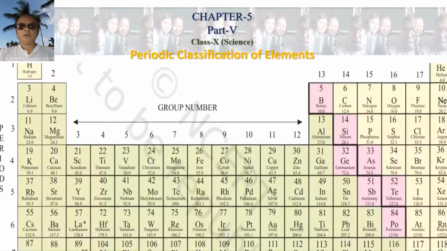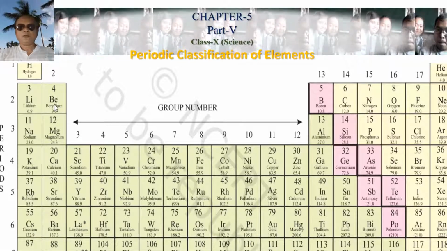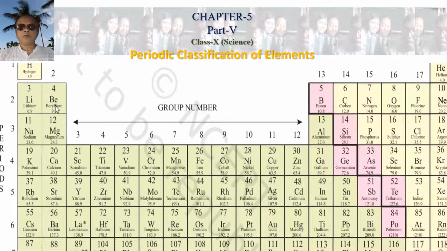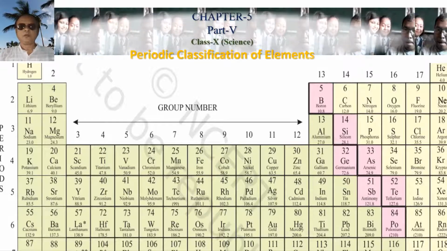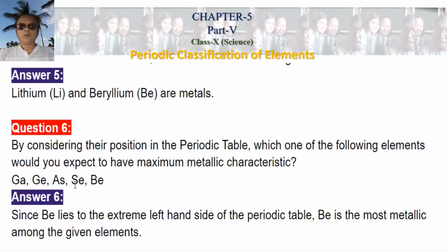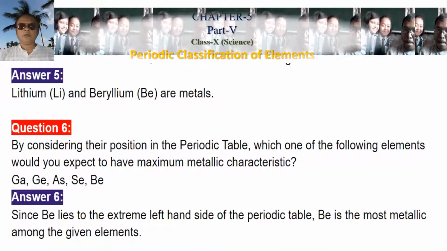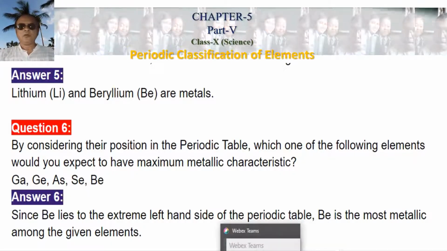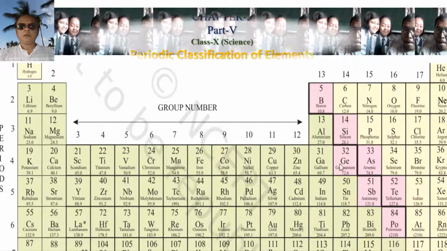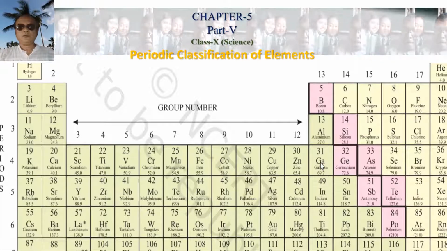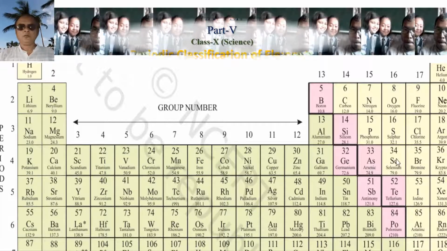Let's check. See here, beryllium is on the left side of the periodic table, which are metals, and others are gallium, germanium, arsenic and selenium. Germanium is a metalloid, arsenic is a metalloid, and selenium is a non-metal.